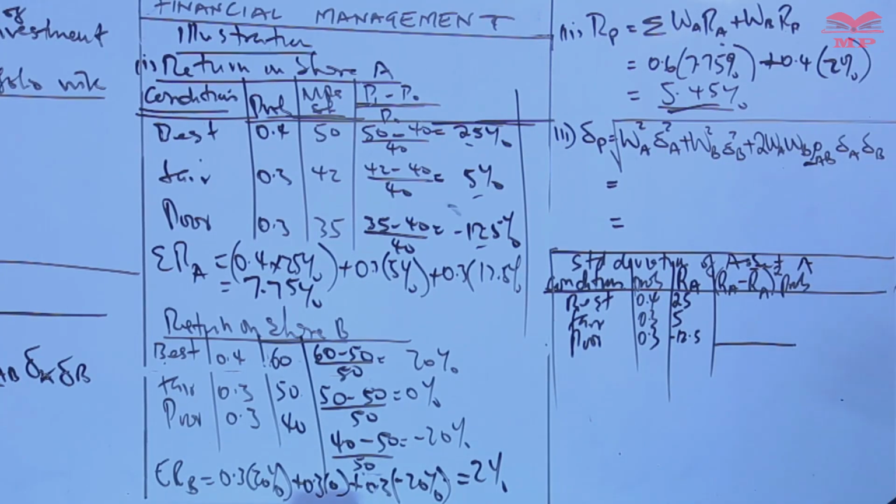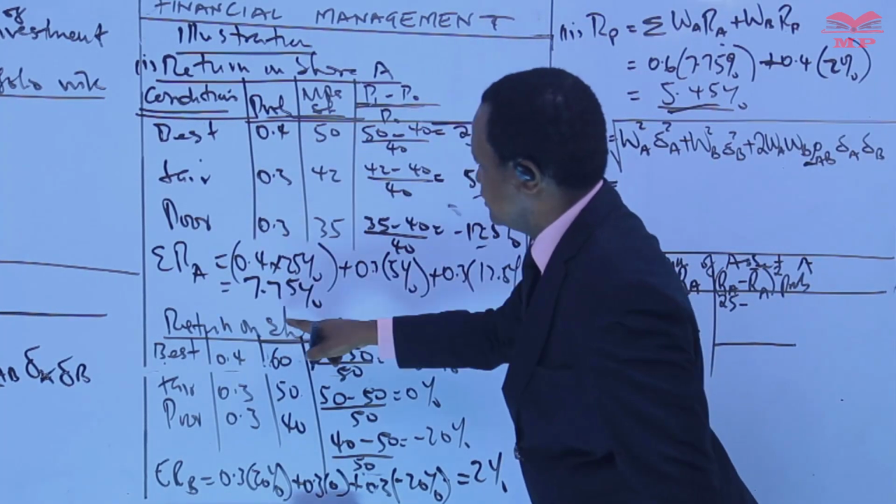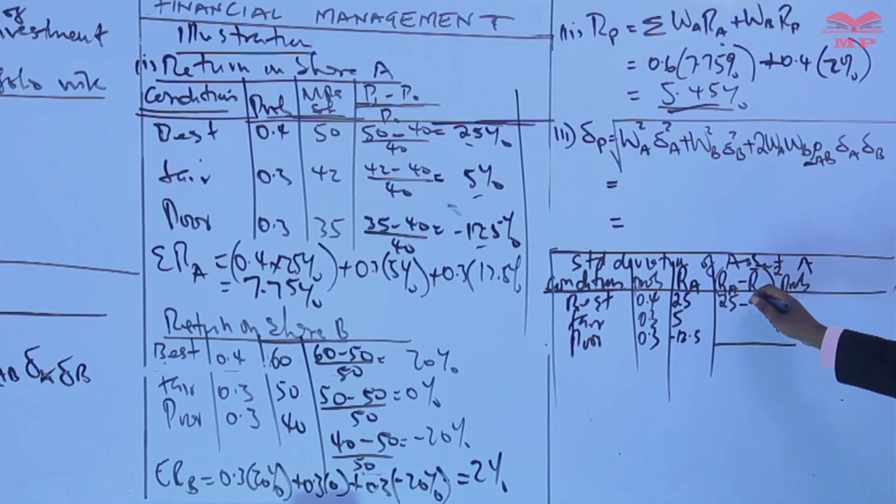Then we get the square root of the variance to have the standard deviation. 25 minus the expected return of asset A, 7.75%.